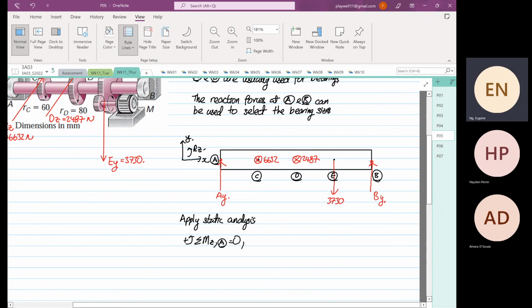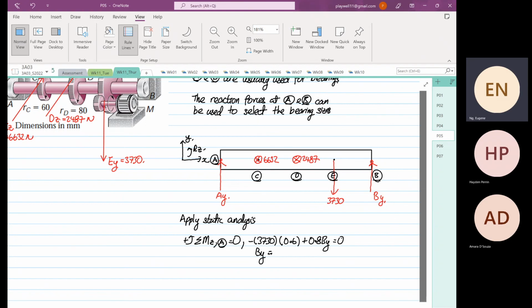So you have minus 3730 multiplied by 0.6 plus By times 0.8 is equal to 0. So we can get By is equal to 3730 times 0.6 divided by 0.8.